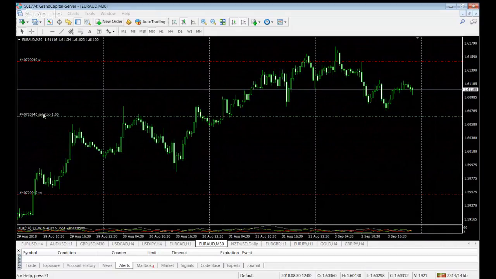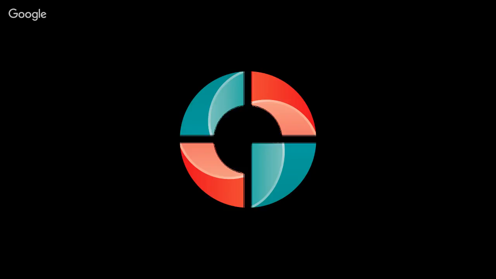Here is a table. Just take your point from here to our entry point, which is 800 pips, that is 800 points.